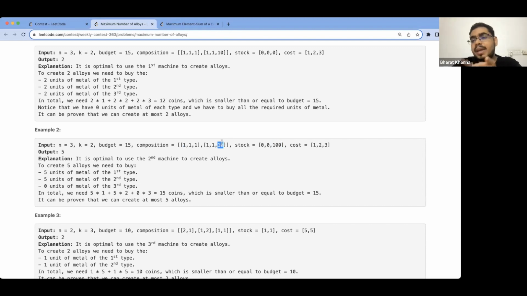So this 10 doesn't make a difference. But making it 2 will increase the cost to 4 per alloy, right? And we'll be able to make fewer alloys. Does this make sense? That if the first unit was 2 here, then it would be better to choose this. Can I get a yes? This makes sense? Or no? Or repeat? This doesn't make sense.